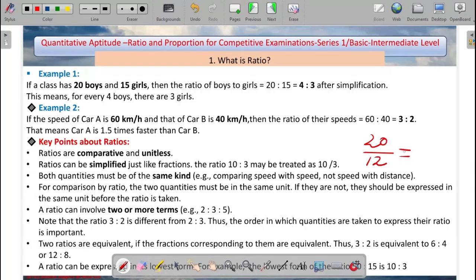If we simplify it, we get 5 by 3. So 5 by 3 is the lowest form. So 20 by 12, we can write as 5 is to 3 in the simplified form. And it is the lowest form when we do the simplification.